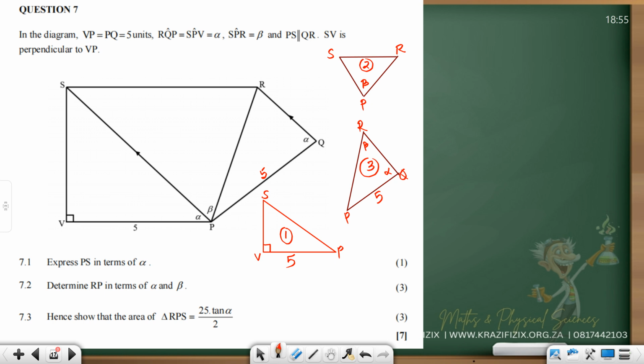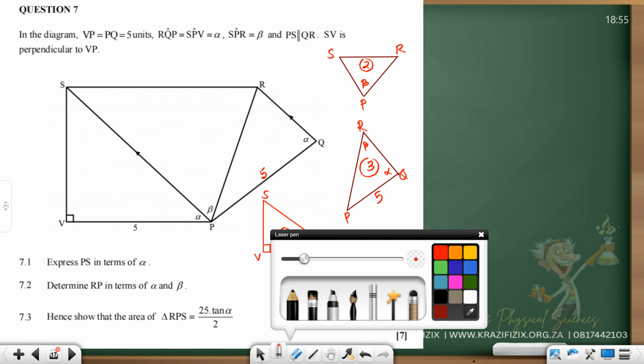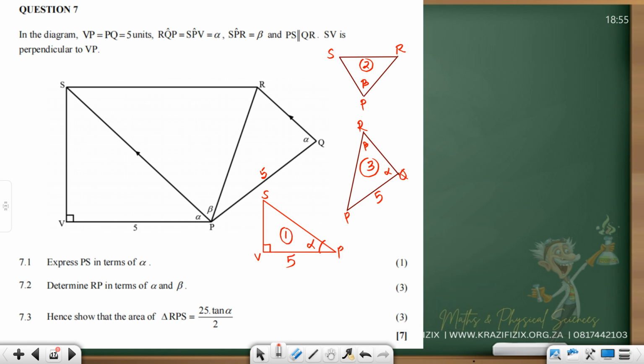Express PS in terms of alpha. Oh, where's my alpha? I forgot this. Now, guys, when they say PS, I'm going to look for a triangle that has PS and alpha. I don't have any business in triangle 2. Neither do I have a business in the other triangle. See, can you see that I've reduced my work? So I'm working with this triangle. And this triangle is a right angle what? What do I use? SOHCAHTOA and Pythagoras.